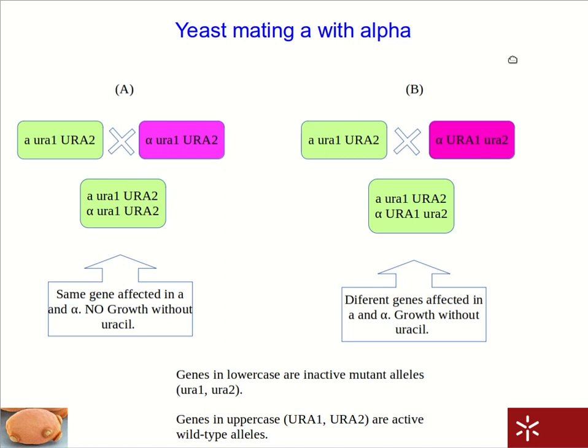So how can we use this sexual system in order to classify our mutants? We imagine now that we have a population of URA mutants in the A type of cells, these green ones, and we have also a population of random mutants in the alpha type, these pink ones here.